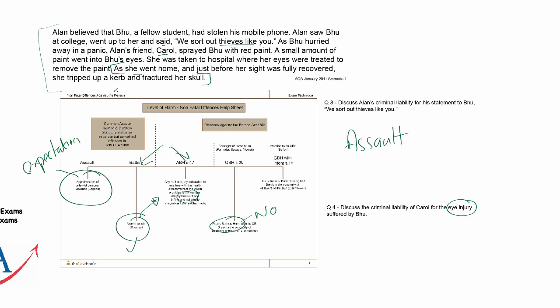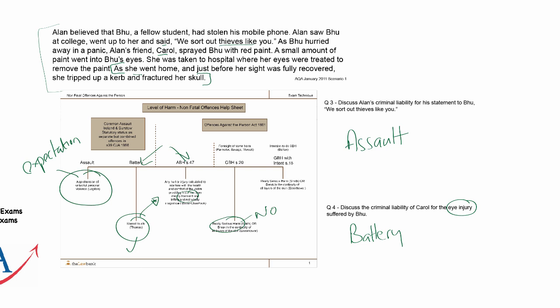But to be frank, because the paint has been removed, it's relatively transient. Boo, ignoring the fact that she hurts her skull later, Boo's injury is dealt with relatively quickly. So I would tend to suggest that Boo's injuries are going to be more a battery than they are ABH.